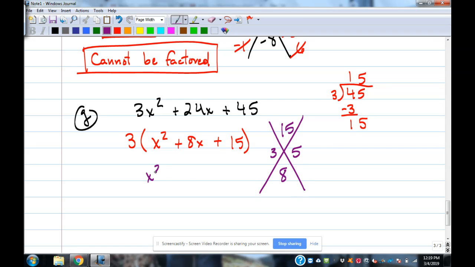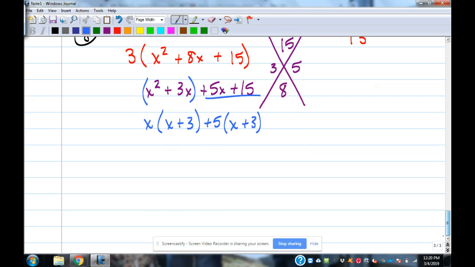So x squared plus 3x plus 5x plus 15. What do the first two have in common? They both have an x. Good. What's that leave in their parentheses? X plus 3. What do the last two have in common? Positive 5.